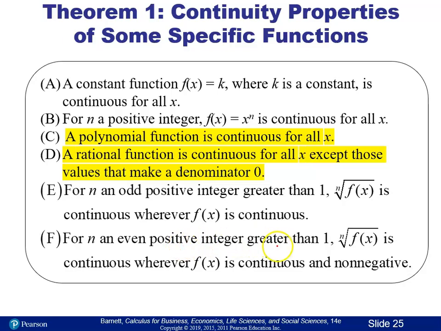If it's an even index, then it is continuous wherever f of x is continuous and also non-negative. So if it's an even degree index, then you need to make sure the function is positive everywhere that you're looking.